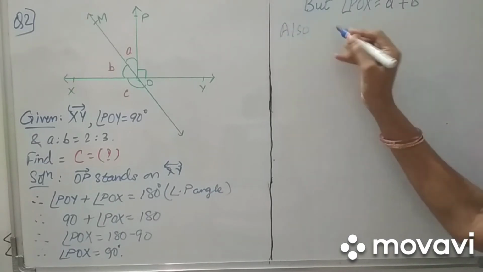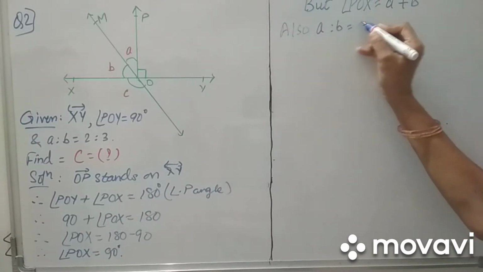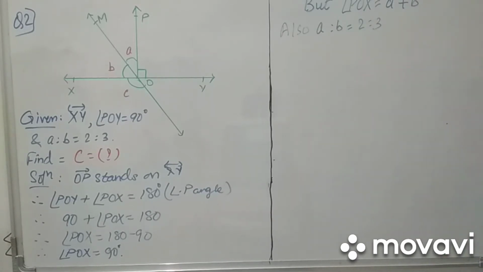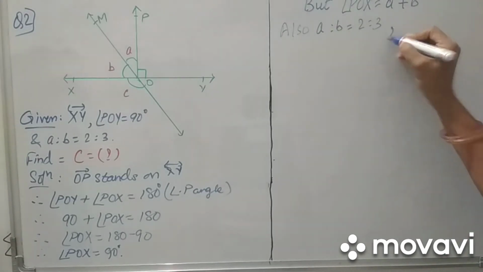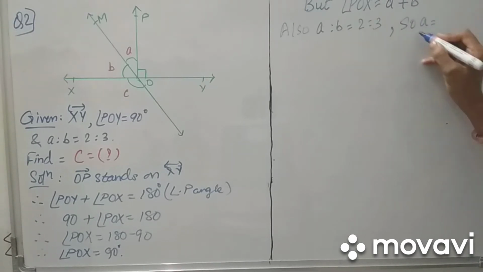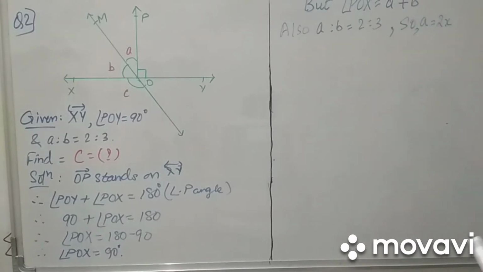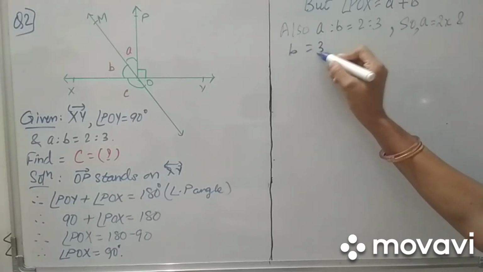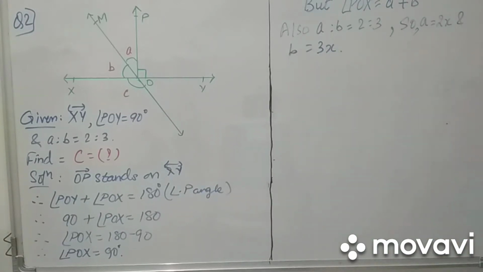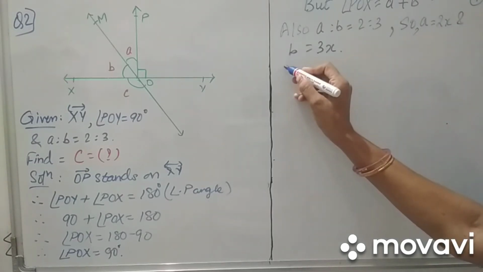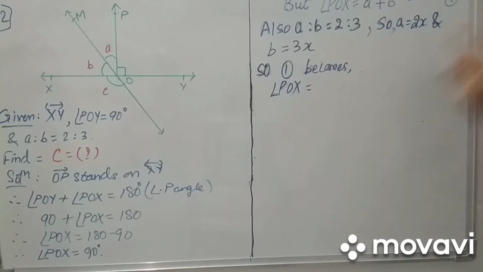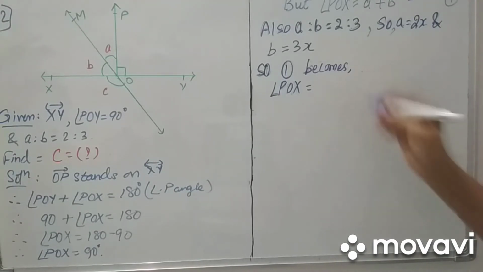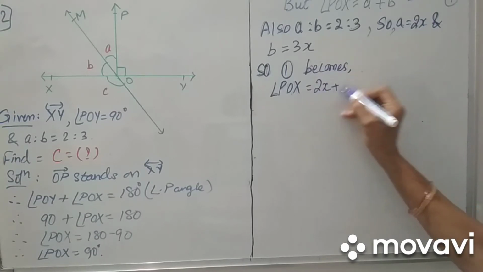Also, A is to B is equal to 2 is to 3. So, I can write A is equal to 2x and B is equal to 3x. Placing this value in equation 1, angle POX I can write as 2x plus 3x.